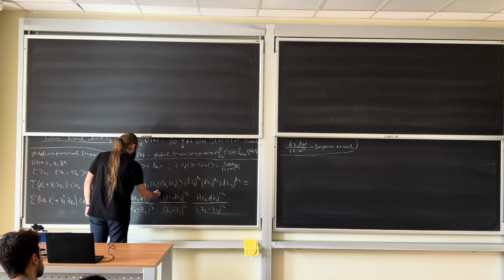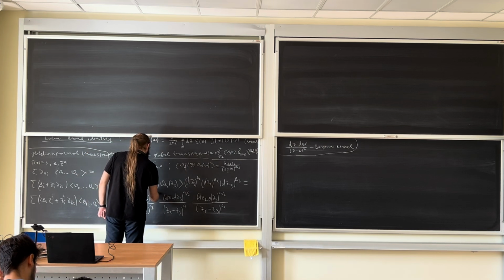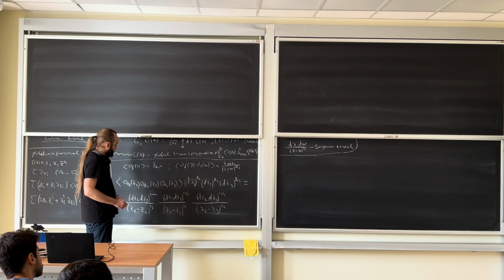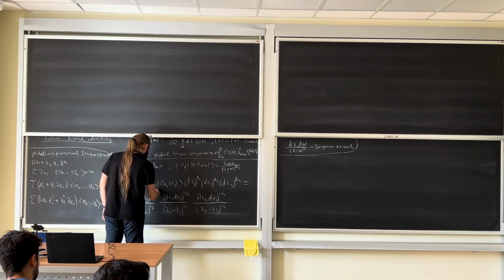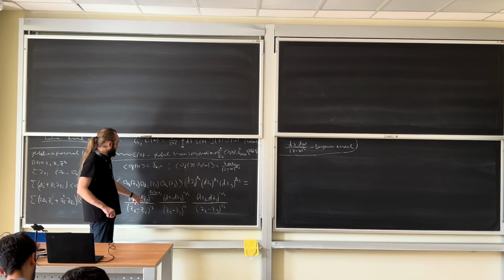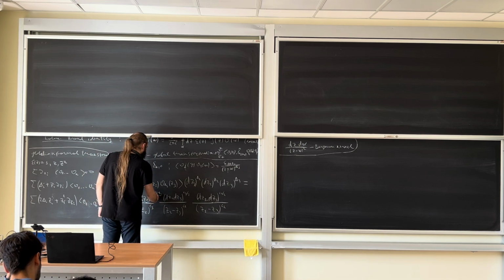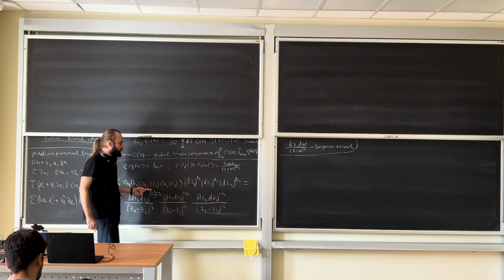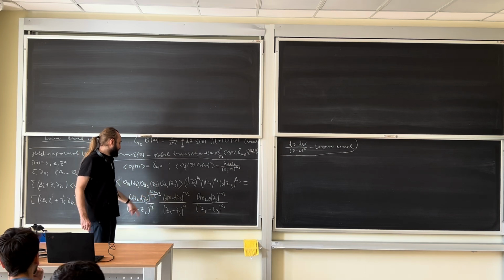Namely, I'll try to write the answer immediately. Let us try something like this: delta 1 plus delta 2 minus delta 3. It should be symmetric in z1 and z2, so it should be some sum. And z3 should appear with some other coefficient. Also the sum of all these coefficients should be delta 1 plus delta 2 plus delta 3. So let us try this choice.